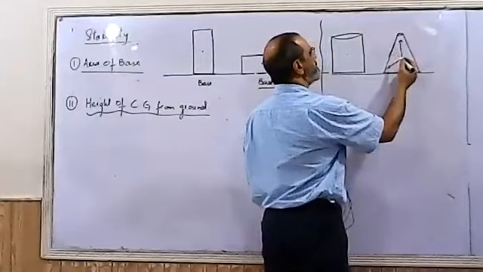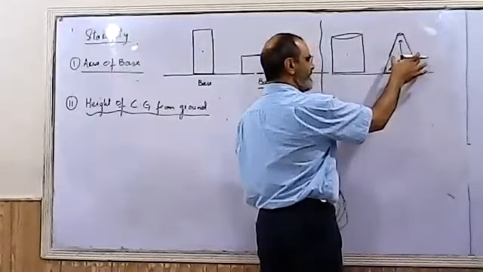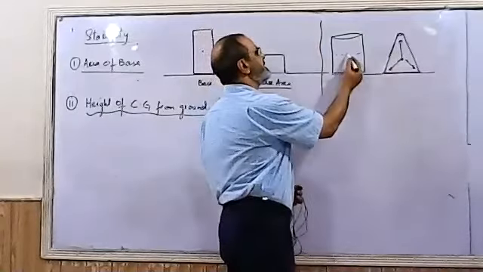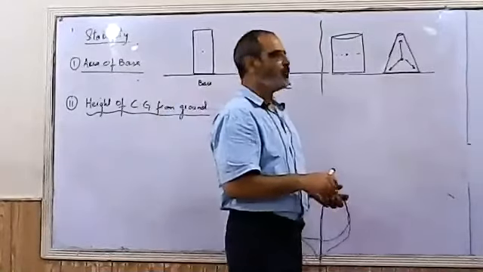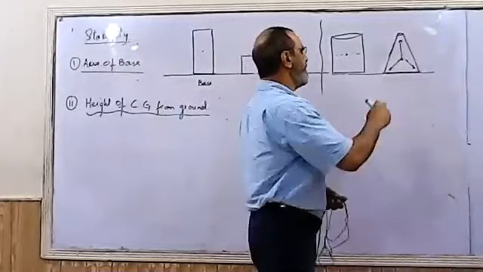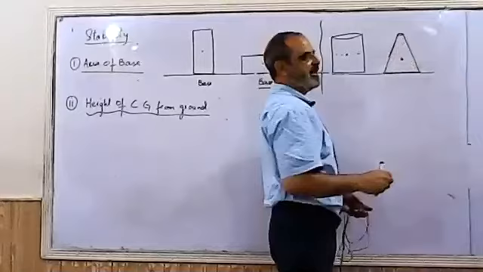If I consider the distribution of mass, the mass in the lower section is more and the upper section is lesser. That's why the center of gravity is lower in this case. In this case, the mass is the same above or below the center of gravity. That's why the center of gravity is in the middle. So by considering the mass of the object, we can locate its center of gravity as well. The center of gravity and center of mass are almost the same at this level.